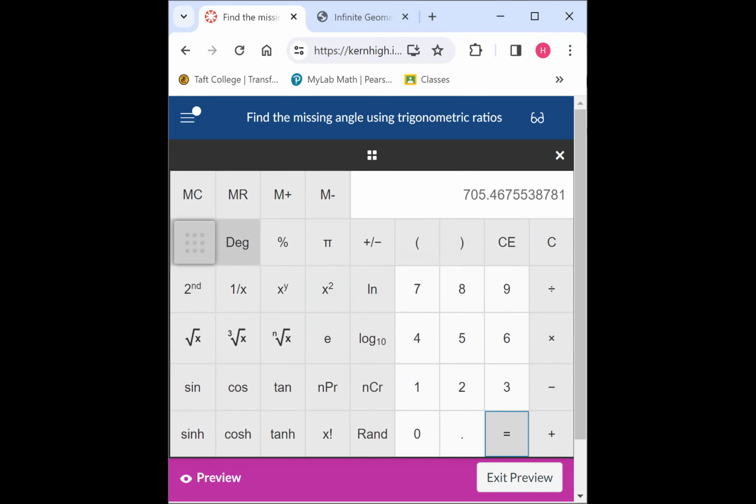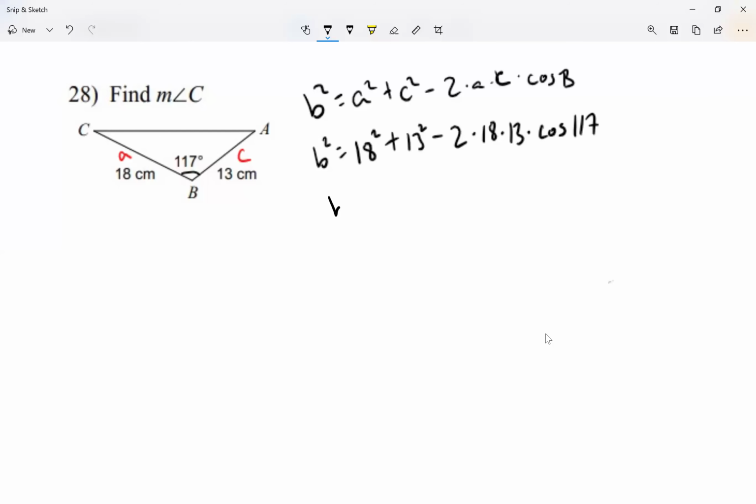And that gives me 705 point something. So I'm going to say b squared is 705.4675539.